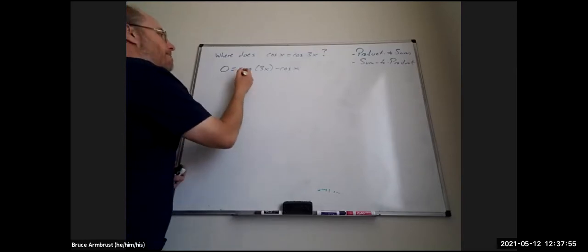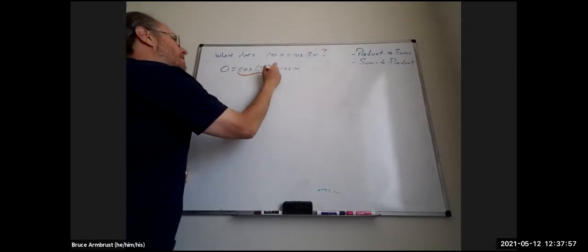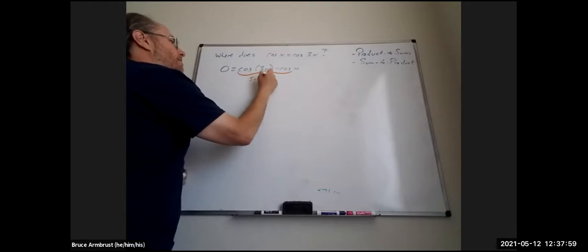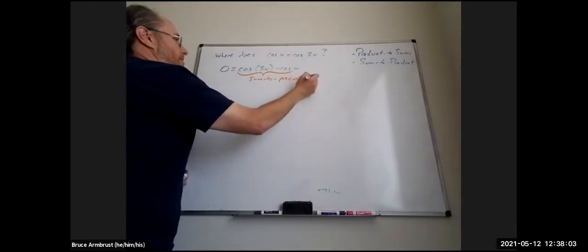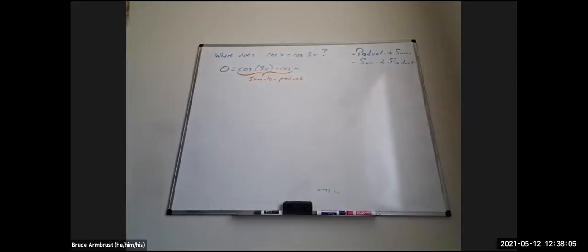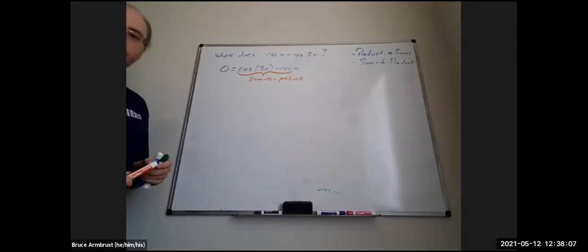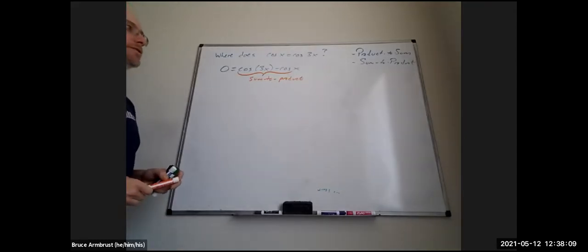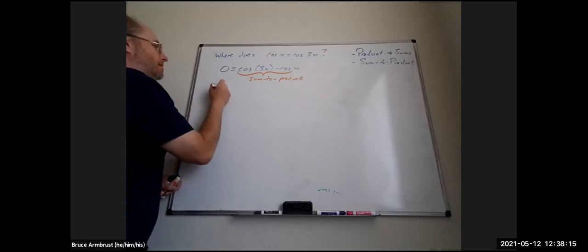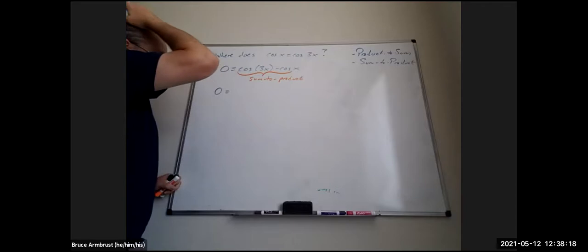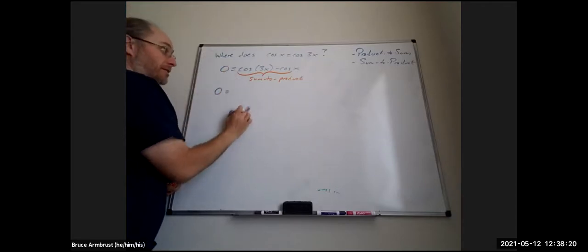All right, now, what I want to do is make use of the sum to product. So right now I have subtraction. Let's turn it into multiplication. That identity was the last one in our list.